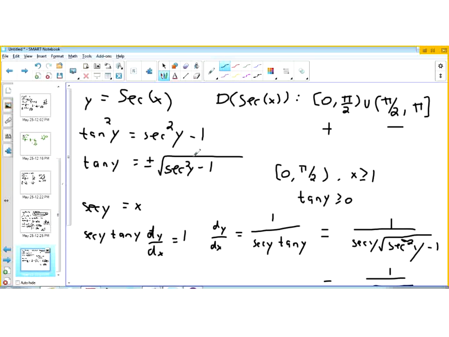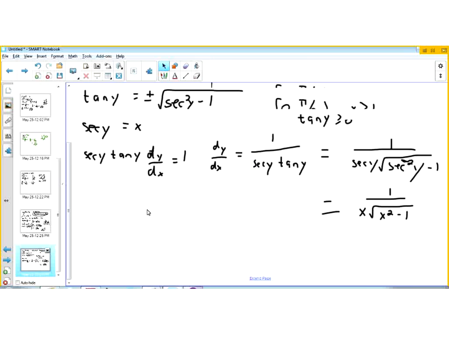Okay, so now we need to calculate the derivative of the arcsecant function for y from pi halves to pi. And so what happens is it's still the same thing, but we have a problem with the sign. So how do we deal with the sign? Okay.